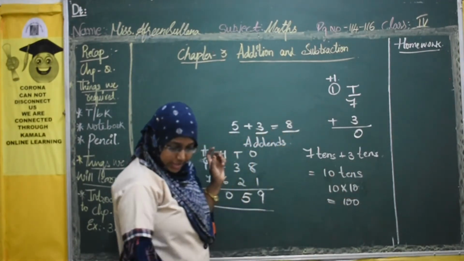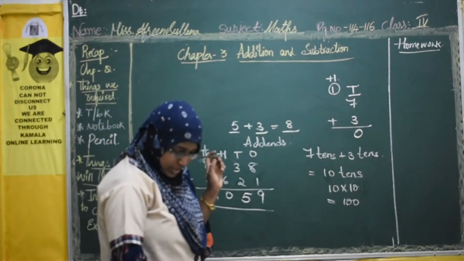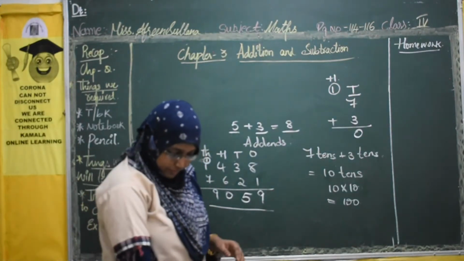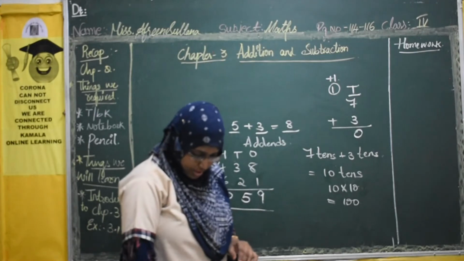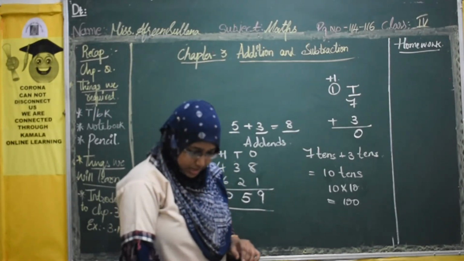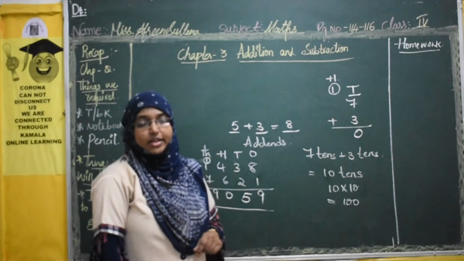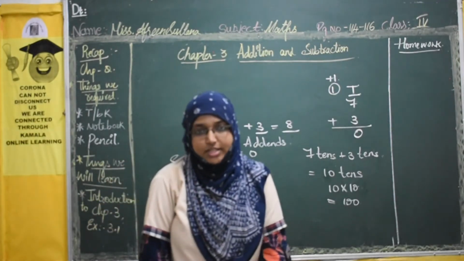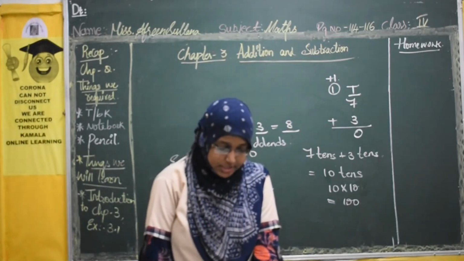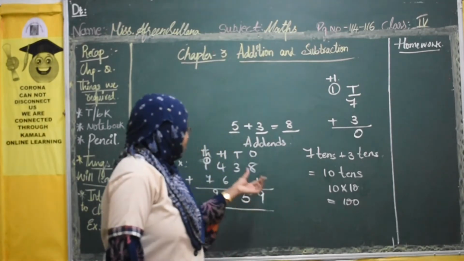Okay? So next. See, they have given many examples based on regrouping, without and with regrouping, on page numbers 116 and 117. Yes, addition is where they give the numbers and we add. So let us move to our exercise 3.1.